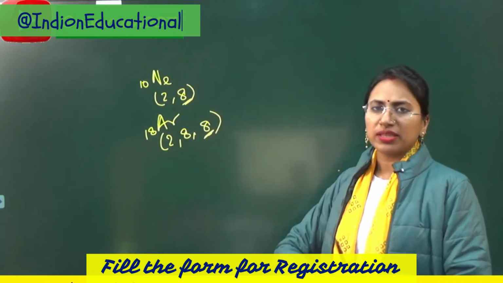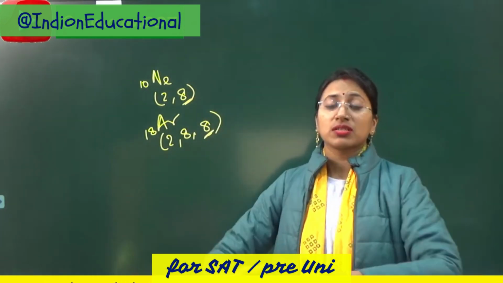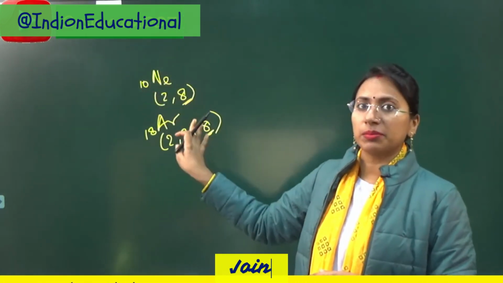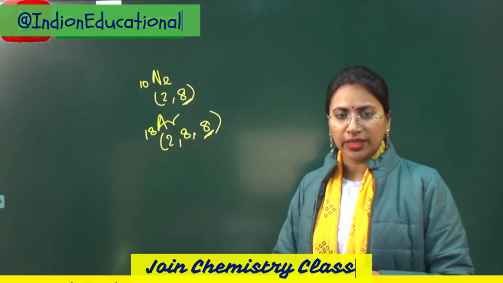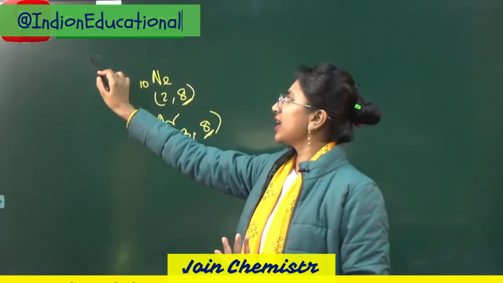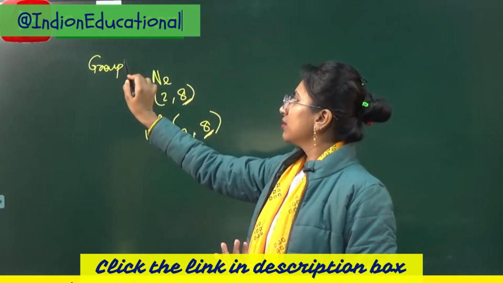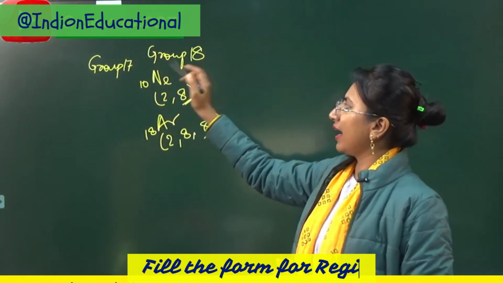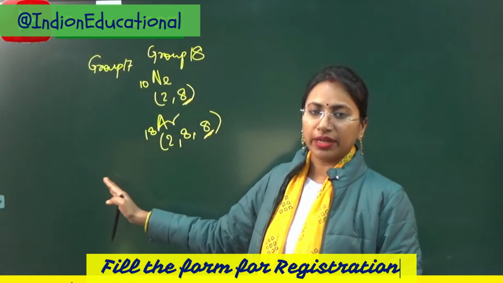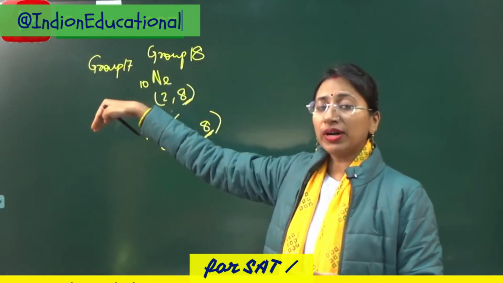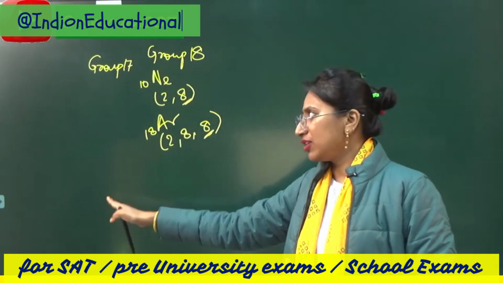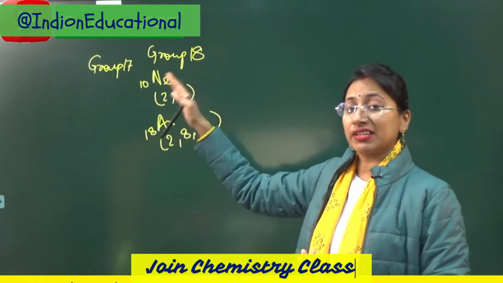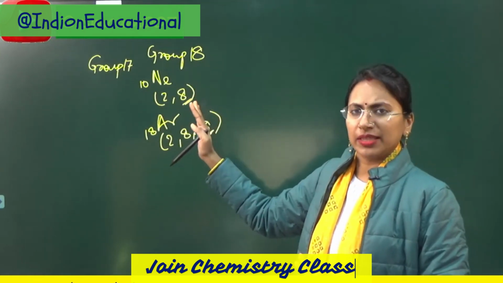This is the main reason why they show this much stability, and they do not generally tend to form any compound, because they are already stable in monoatomic form. This is group 18, and halogens are group 17 elements, right? If we add 1 electron to each of the halogens, they will attain the electronic configuration of their respective noble gases, and they will be stable.